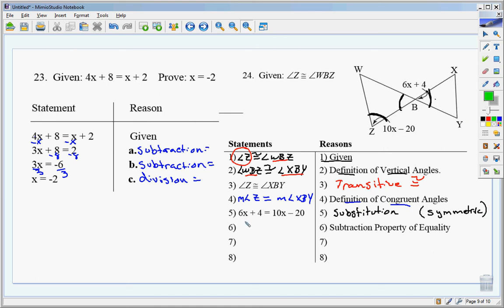Number 6, they said they used the subtraction property of equality. Well, since they did subtraction, I could have said that I subtracted 4, or I could say I subtracted 10x. It really wouldn't matter. Your next steps would just look a little different. I like to put my x's together first, so this gives me a negative 4x plus 4 equals a negative 20. I would still want to get my variable by itself, so again I would use the subtraction property of equality.